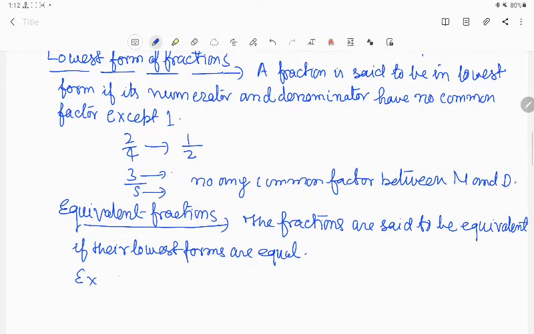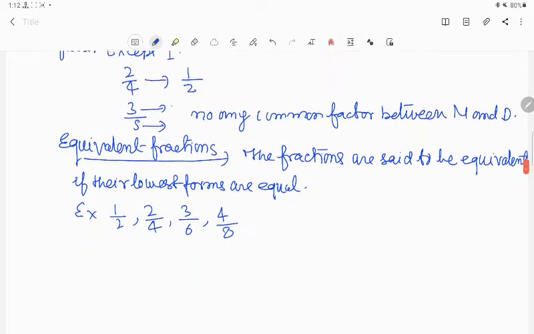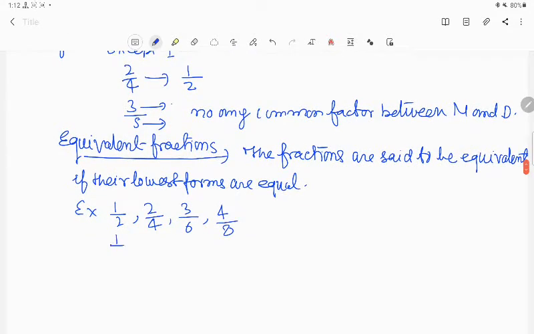Example: 1/2, 2/4, 3/6, 4/8, each having the same lowest form 1/2, 1/2, 1/2, 1/2. All the lowest forms are equal, so these fractions are called equivalent fractions.